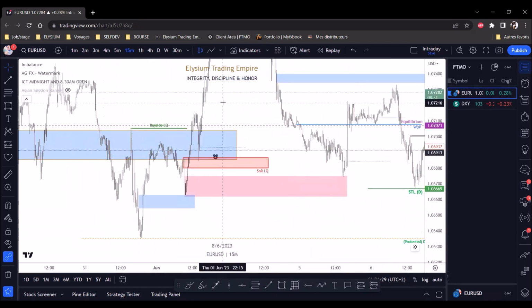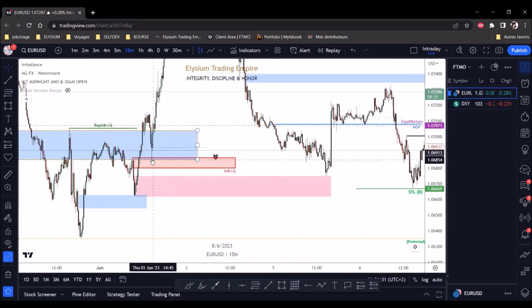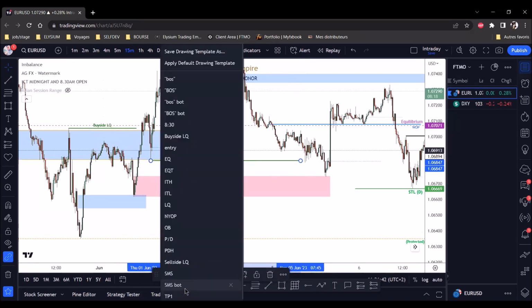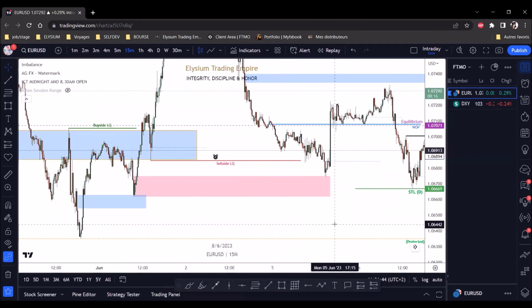Okay. Or breaker liquidity. So this low becomes liquidity, right? Let's mark it. Sell side liquidity.